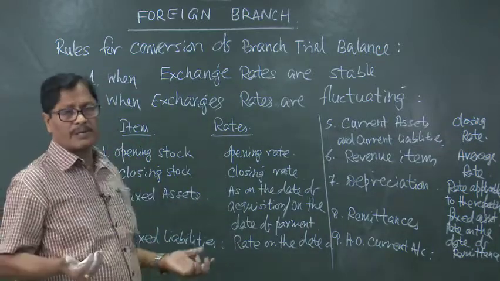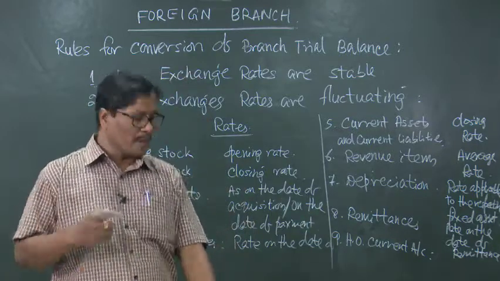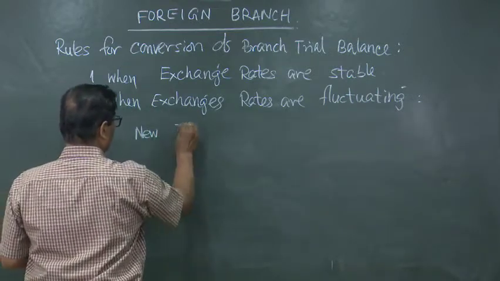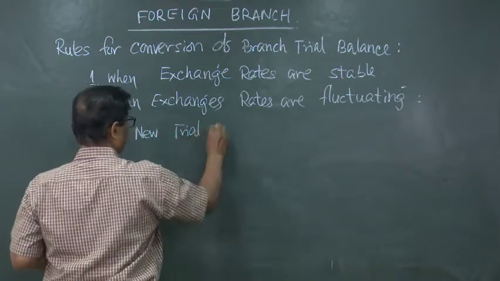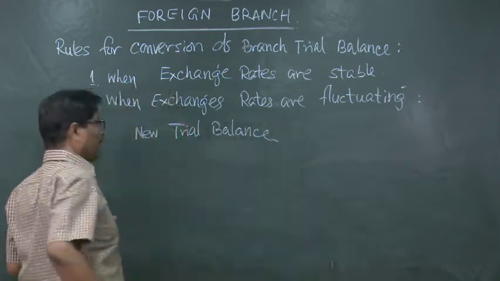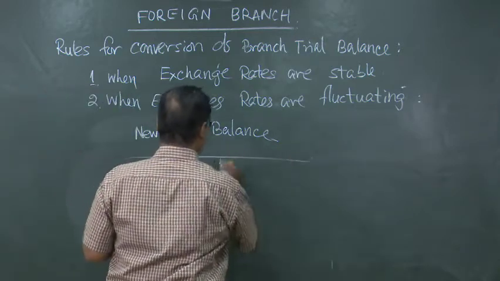Once you convert it, then the new trial balance will be prepared, and according to the converted figures in our own country currency, we can prepare one trial balance like this.